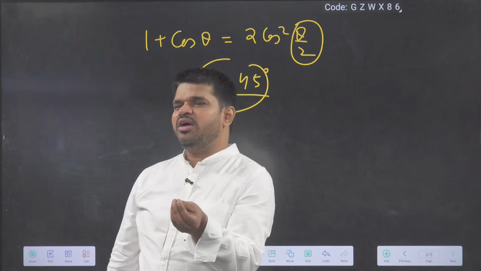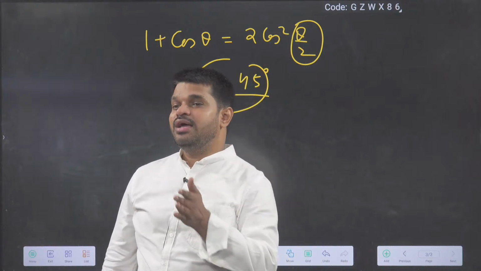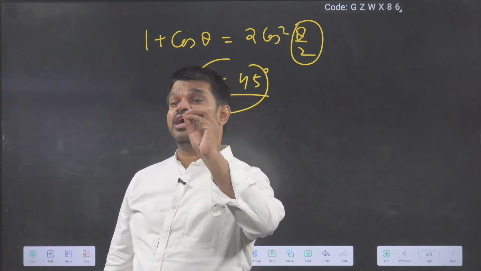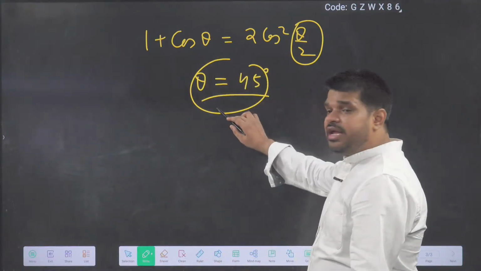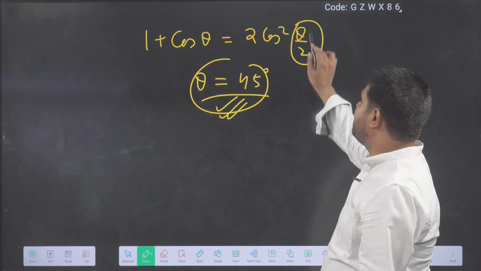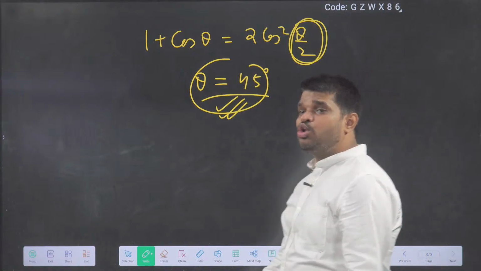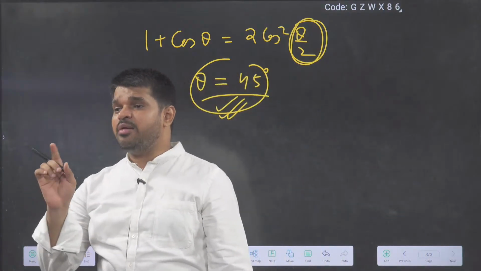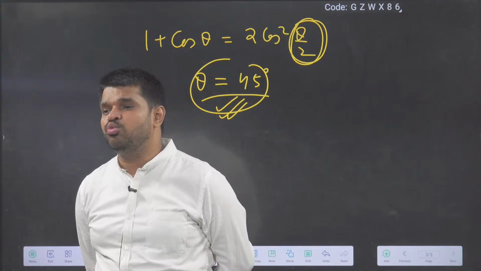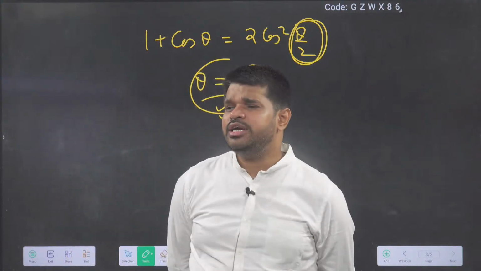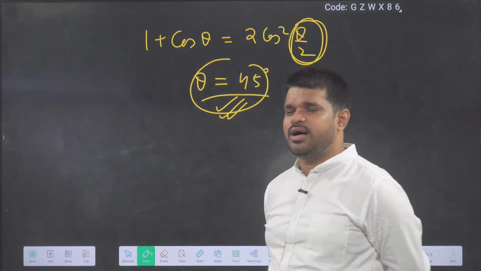But 22.5 is not important for us. So we will discuss only those things which are going to be usable in physics. If I take theta as 45, I will get 22.5, and there I can get the value of cos 22.5. But cos 22.5 is not useful for us now.